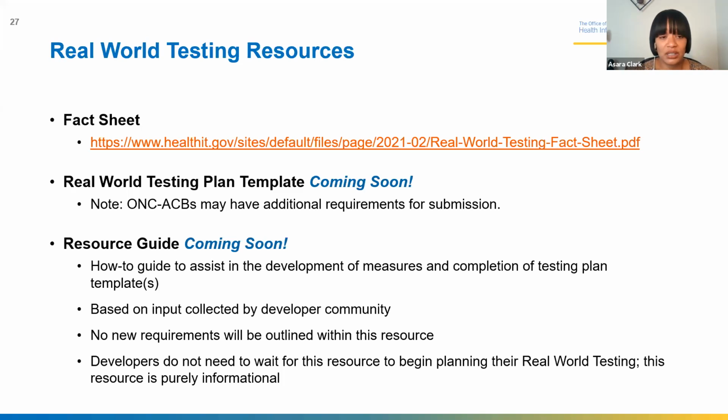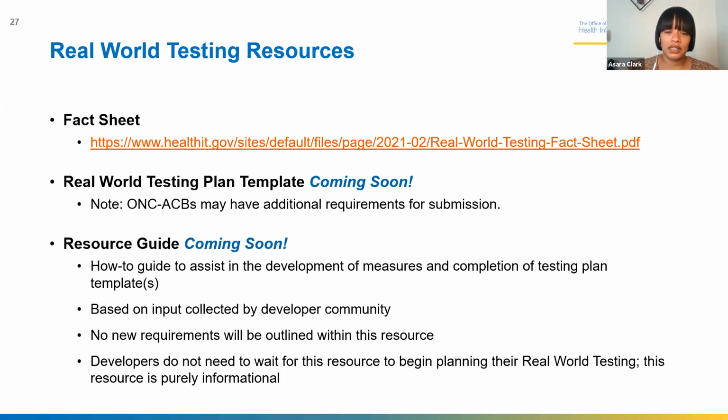We have actually put together a real-world testing plan template, okay? I'm sure some of you who maybe submitted inquiries through our centralized feedback system may have gotten a response saying that ONC did not intend to do this, but we've heard enough from the developer community and the ONC ACB community, so we did go ahead and put together an optional template that could be used in developing your real-world testing plan.